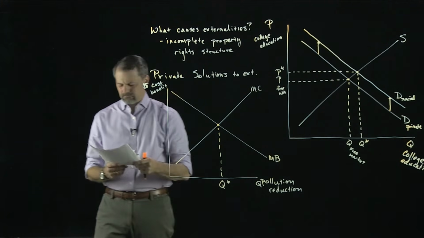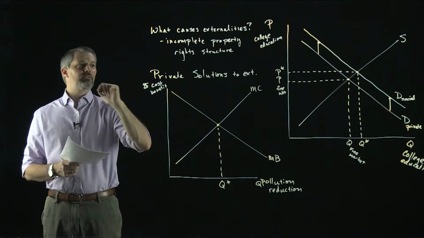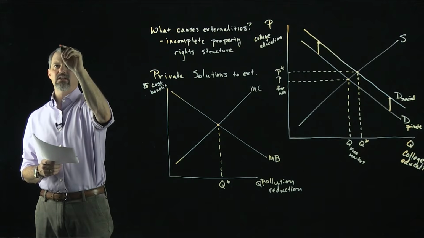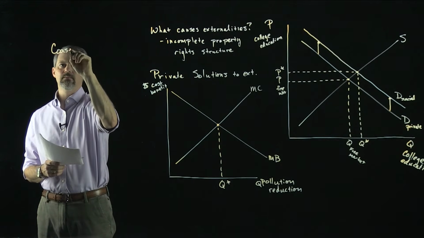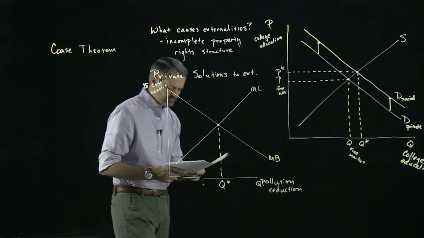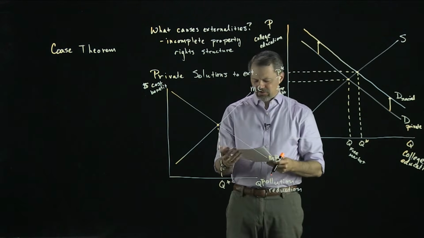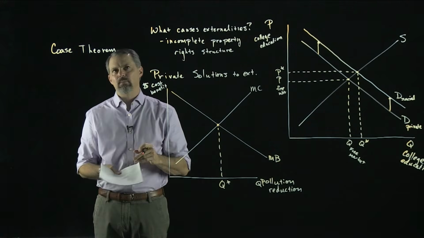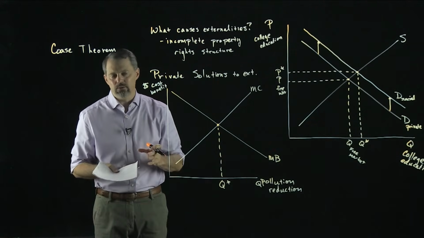Let's think about some private solutions to externalities. Let's talk about something that we call the Coase Theorem, created or first written about by an economist named Ronald Coase.